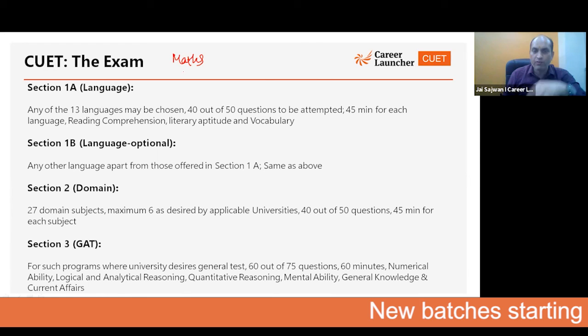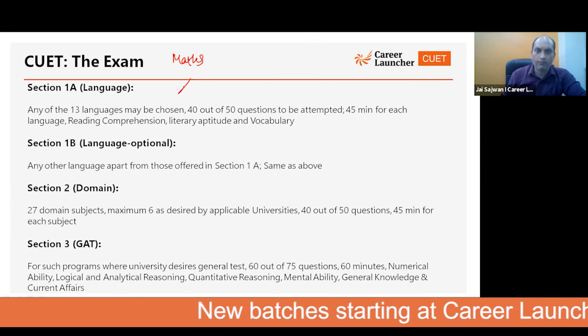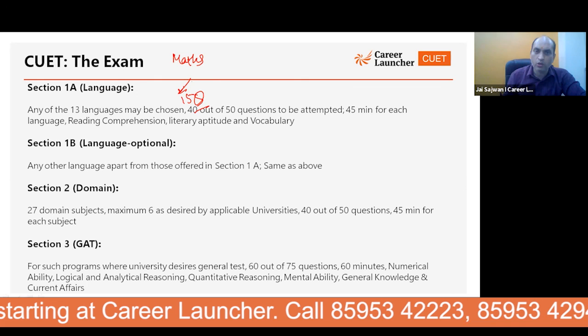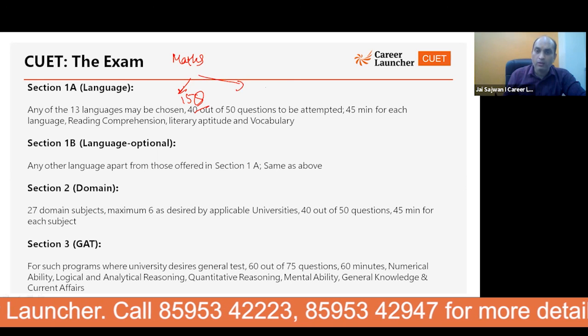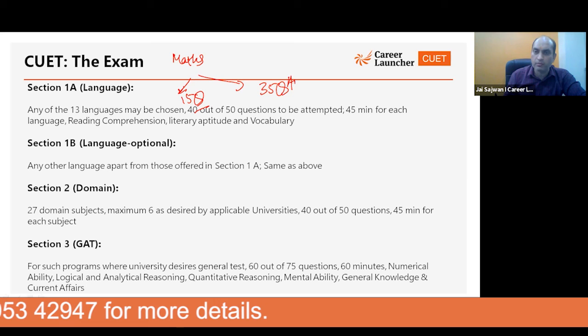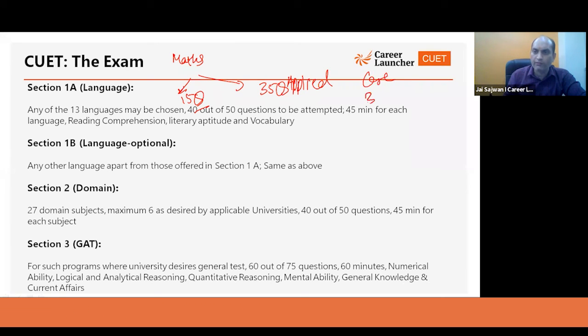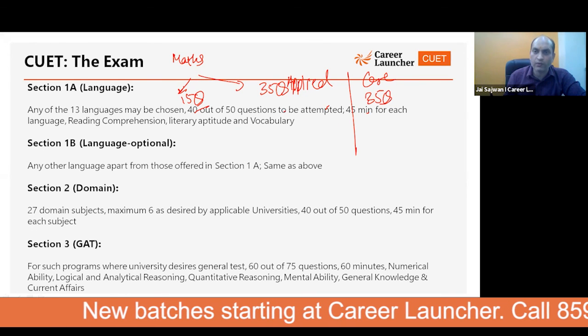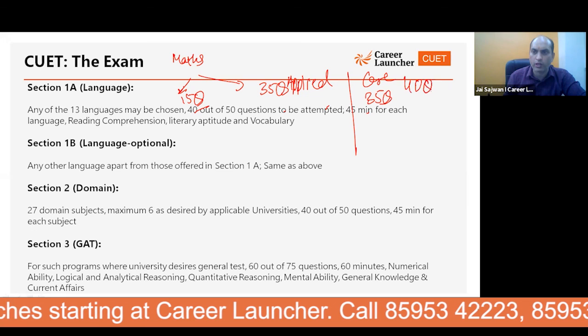There are 15 questions which are a combination of analytics plus core maths. Now for the 35 questions, either you go for applied maths or you go for core maths. So 35 questions are in core maths, you opt for core or you opt for applied. So in total there are 50 questions, but you need to solve 40 questions.